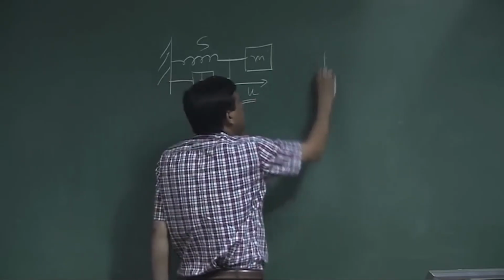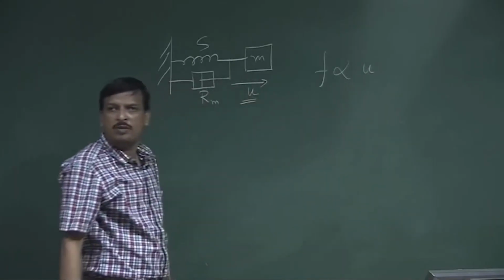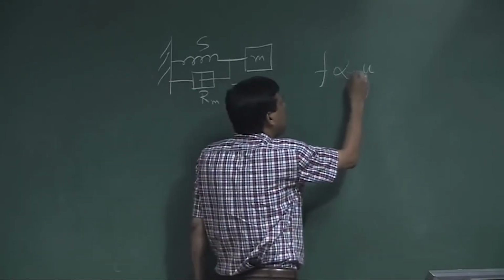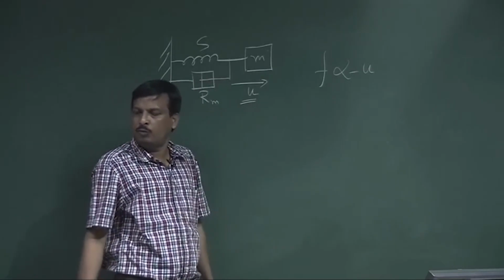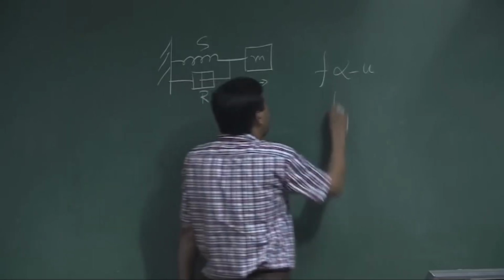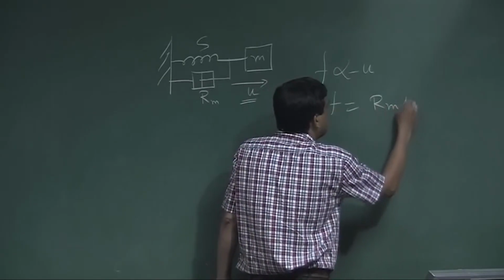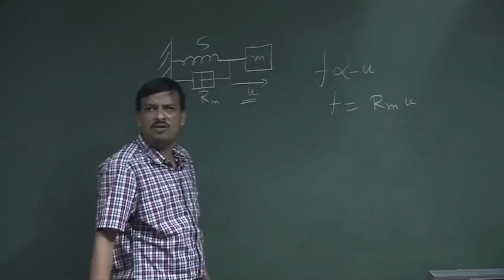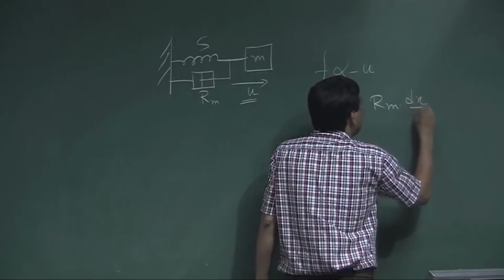So, that force is proportional to the velocity u of the mass, and it will be negative. The force opposes the motion and is proportional to u. So, that force is nothing but equal to mechanical resistance into the velocity. And what is the velocity? In terms of displacement, dx by dt.